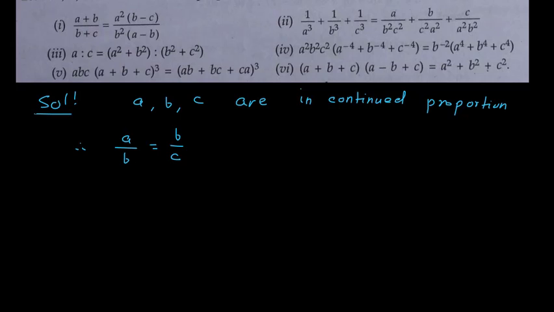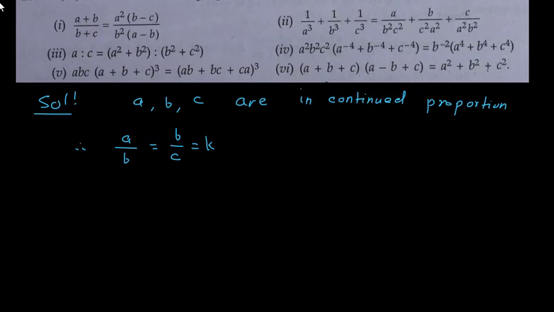we have a, b, c are in continued proportion. So therefore you will say that a by b is equal to b by c, and we can consider this as k, right?